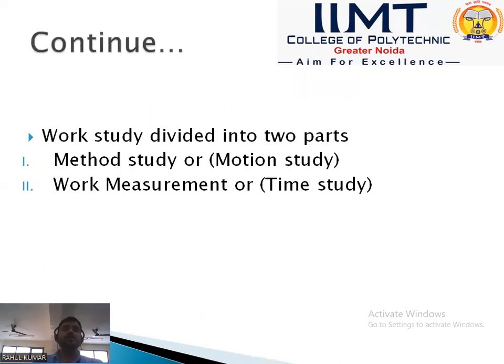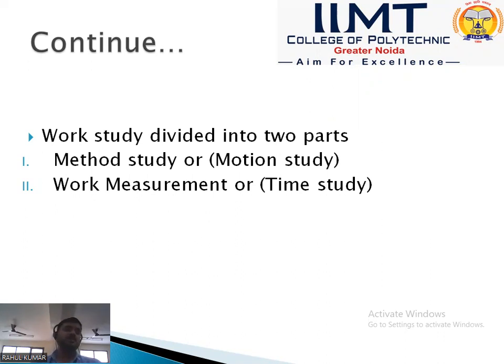Work study is divided into two parts: method study or motion study, and second, work measurement or time study. In method study, we are studying the method, basically which process is to be employed. It is a set of techniques in which we divide the process or production system into a number of steps and find out which process can be improved.